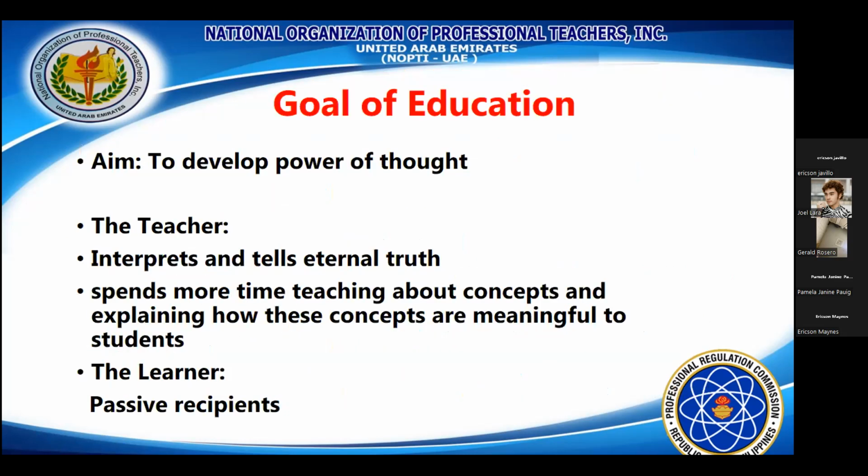So in perennialist education, it aims to develop power of thought, interprets and tells eternal truth. Yun yung teacher. Dapat ang role niya. The teacher should spend more time teaching about concepts and explaining how these concepts are meaningful to students.